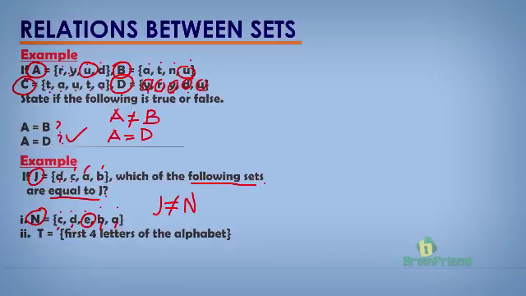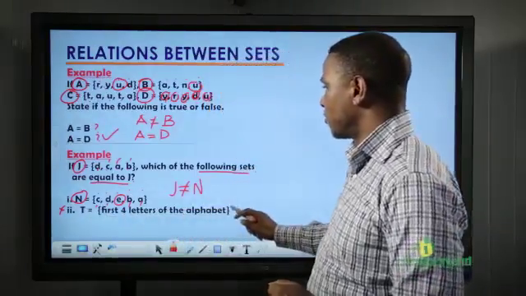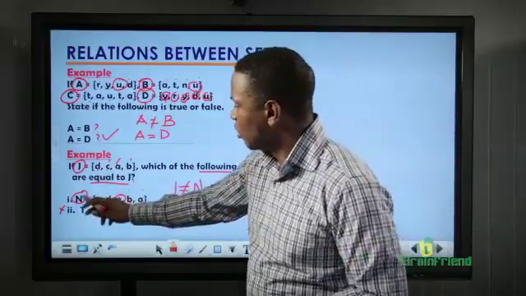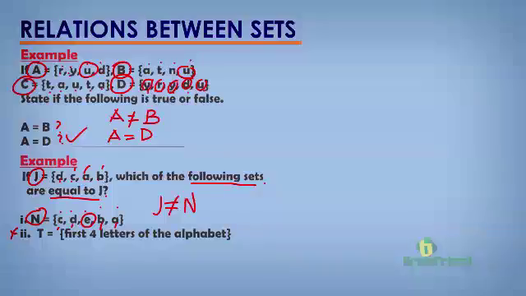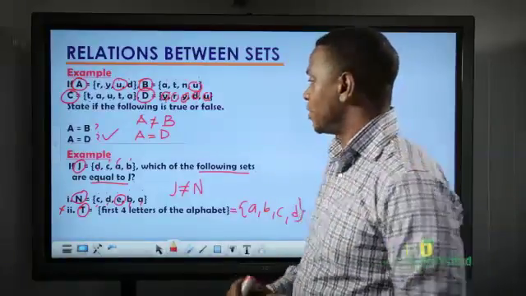Let's take a look at our second statement here. T is equal to the first four letters of the alphabet. We need to confirm if this set T is equal to J. Again, we compare the elements of our sets. If we list out the elements of the set T, we'll have A, B, C, D, which are the first four letters of the alphabet.